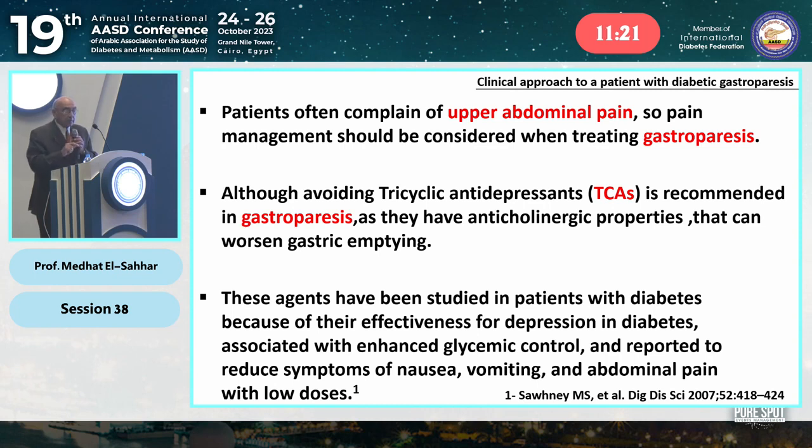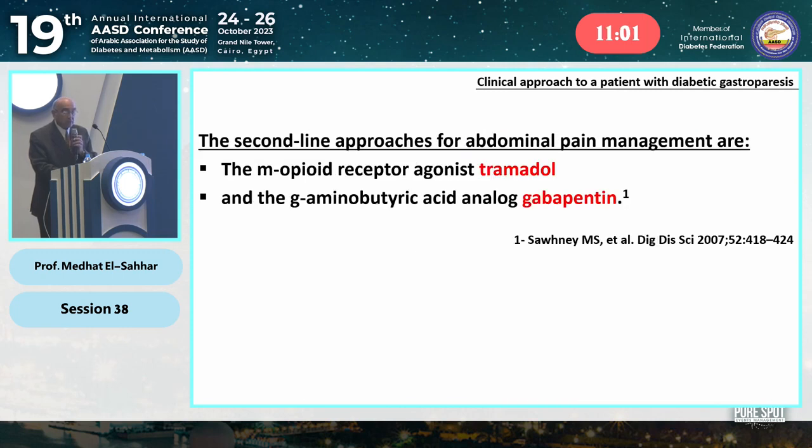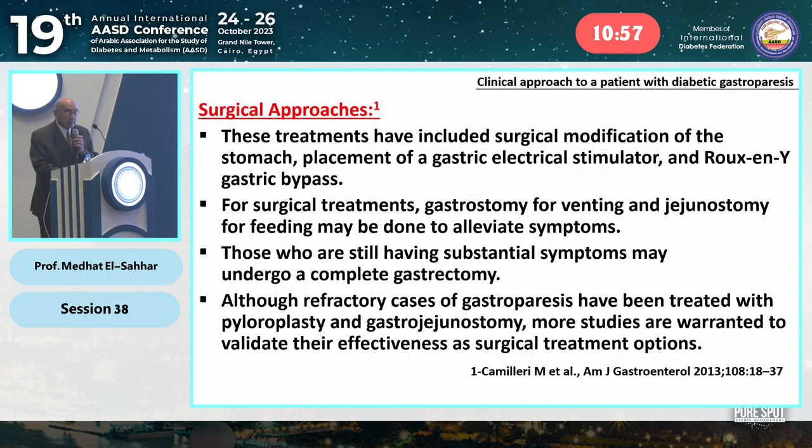For upper abdominal pain, although avoiding tricyclics is important in gastroparesis, they found that tricyclic antidepressants will help in this category of pain. And by prescribing for them small doses of tricyclic antidepressant, they will improve the glycemic control and improve their symptoms. And if not working, we can use gabapentin.